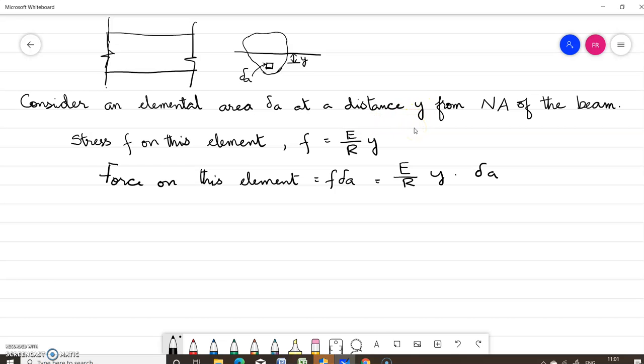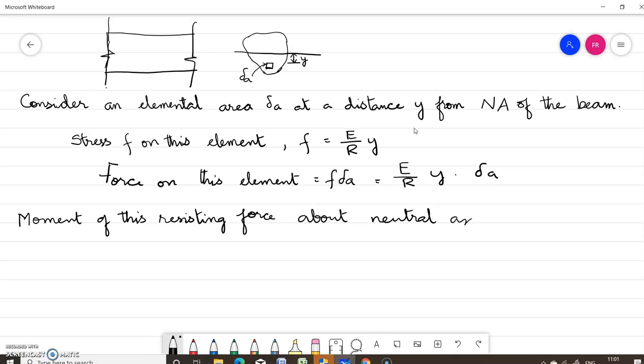What is the moment of this resisting force about the neutral axis? It is equal to E by R into Y into delta A into Y.